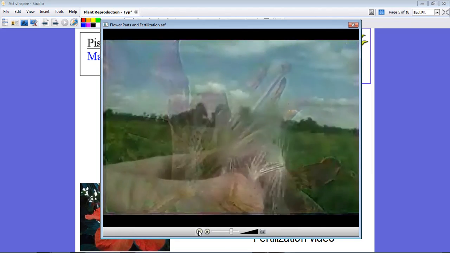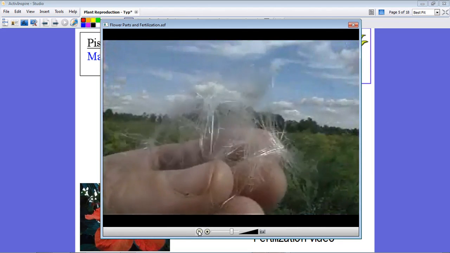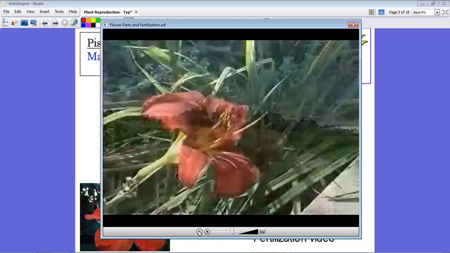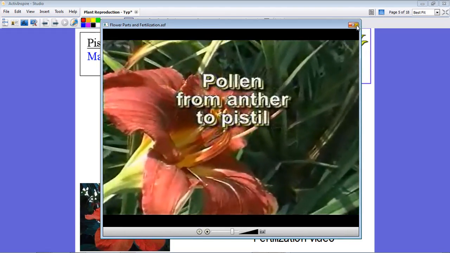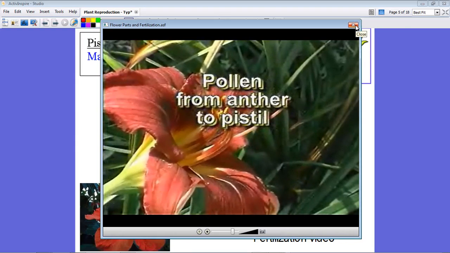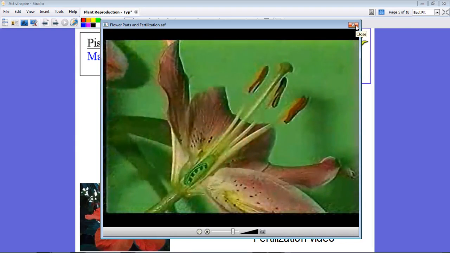For flowering plants to successfully produce seeds, pollen and the genetic material it contains must move from an anther to a pistil. When that happens, a long tube grows down the pistil from a pollen grain to the ovary.